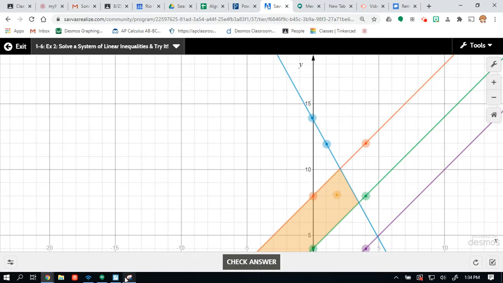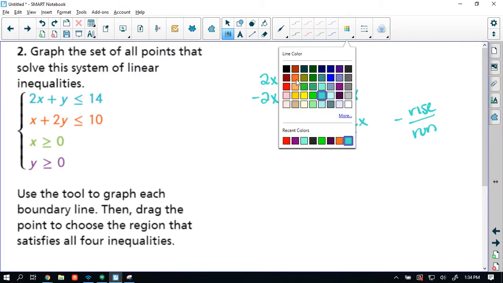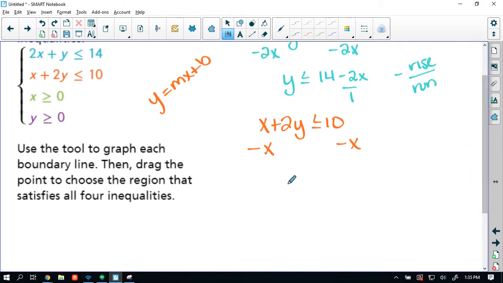Now the second one, we're going to look at the orange equation. So I have x plus 2y is less than or equal to 10. I'm going to again get this in the y equals mx plus b format. So I'm going to subtract x from each side, and I get 2y less than or equal to 10 minus x.